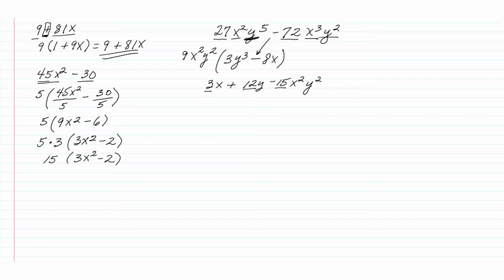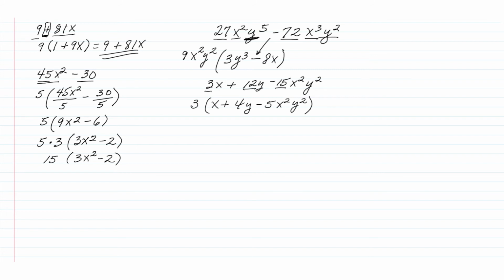My first and last terms have x's, but the middle one does not, so I can't pull out anything involving x's. And I can't pull out any y's because only expressions 2 and 3 have y's. So the greatest common factor that I can pull out here is going to be a 3. And that's going to leave me x plus 4y minus 5x squared y squared.